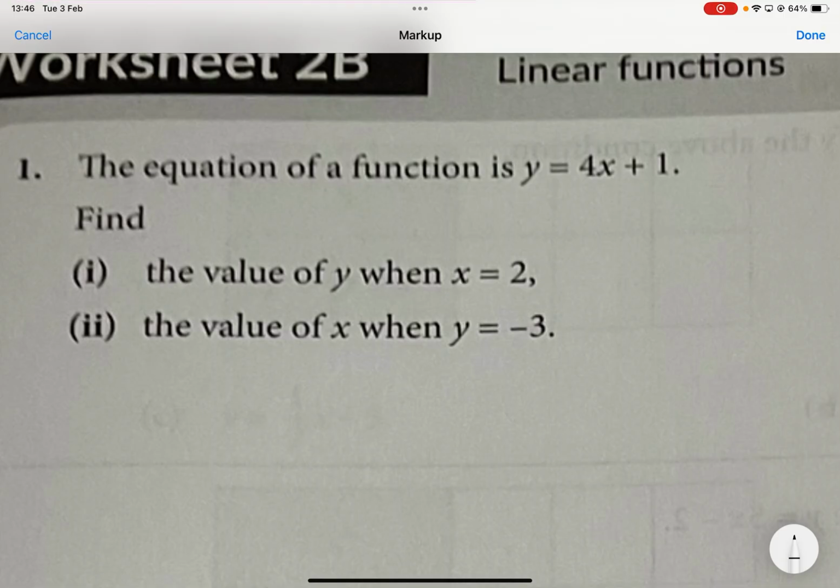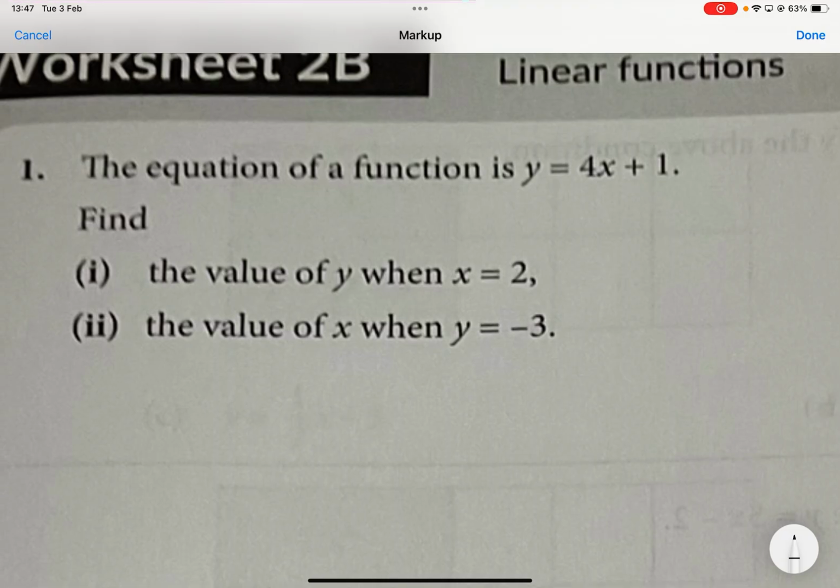This is to tell you the value of y will change with each other. If they want you to find the value of y, they tell you when x equals to 2. That means they will still follow this equation. y will still be equals to 4x plus 1. But now, they want specifically when x is equals to 2, what is y?